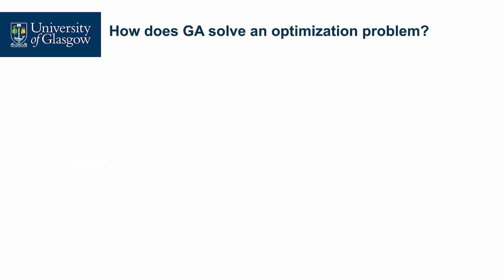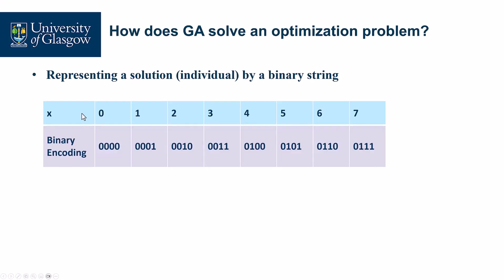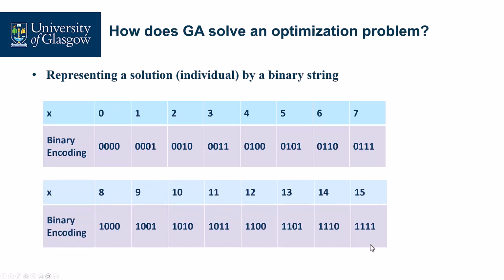First of all, we need to represent the candidate designs, right? This representation should allow the crossover and mutation. So we choose the binary encoding. So each individual can be represented by a binary string. Here x from 0 to 7 has its binary code, and then 8 to 15 is also there.